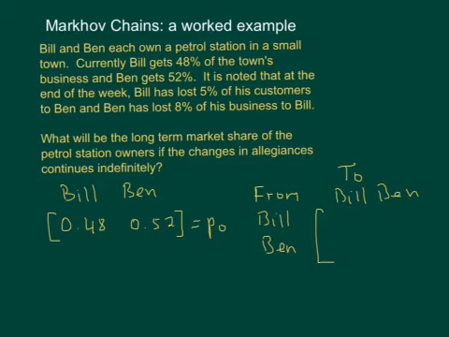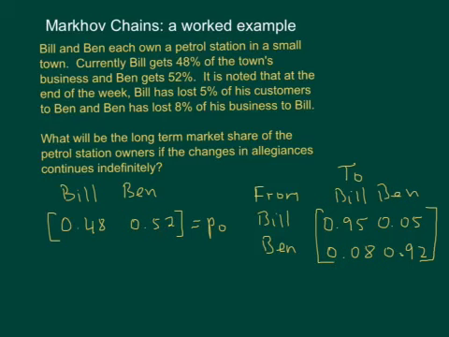So from Bill to Ben is over here, and he's got 0.05 loss to Ben. That means he's retained 95% of his customers at the end of the first week. In a similar way, we can see that Ben has lost 8%. So 8% have gone from Ben to Bill. So we put 0.08 there, and that means he's hung on to 92%, hasn't he? 92%.